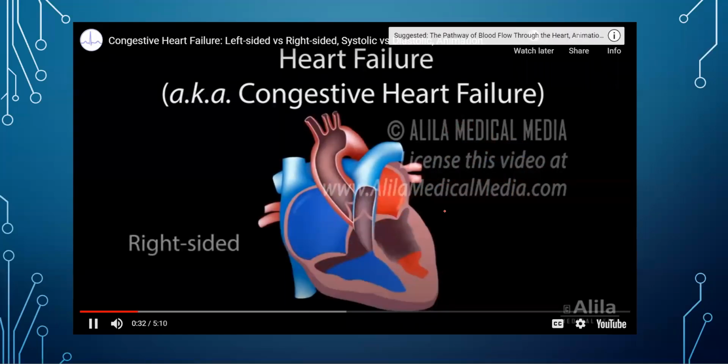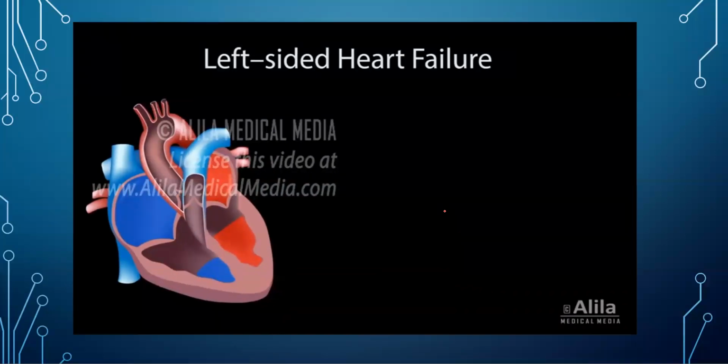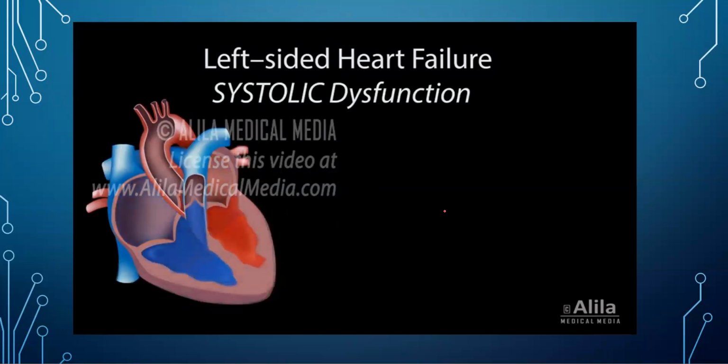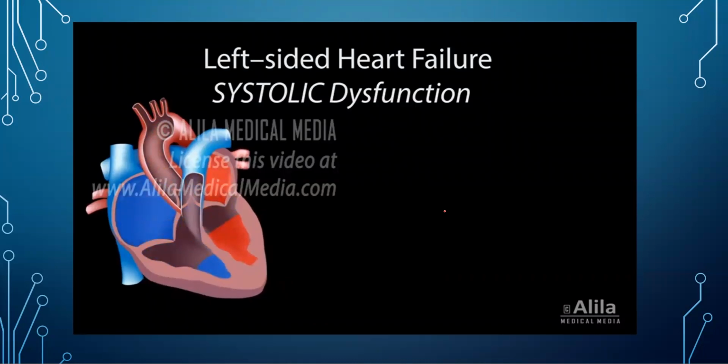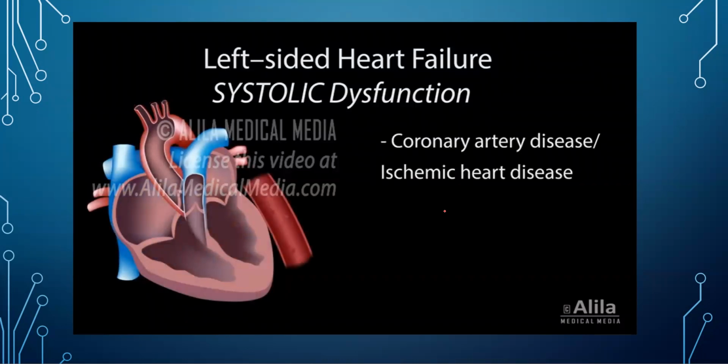Heart failure can be right-sided or left-sided, depending on the side that is affected. About two-thirds of all left-sided heart failures are caused by systolic dysfunction. In systolic heart failure, ventricular contraction is compromised. This may be caused by any condition that weakens the heart muscle or creates more difficulty for the ventricle to pump. The most common include coronary artery disease and its consequences. Plaque buildup narrows the coronary artery, reducing blood supply to the heart muscle.